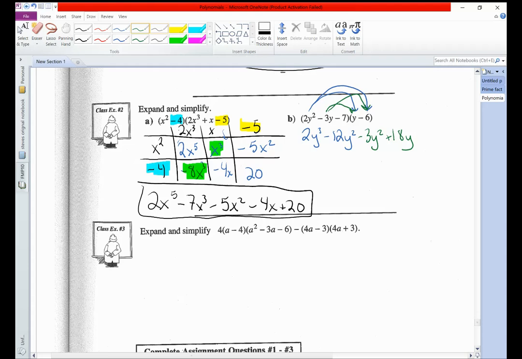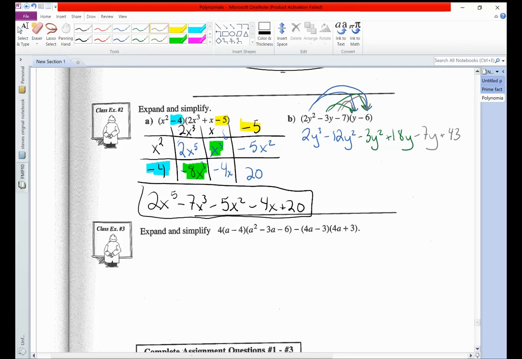And then I'm going to multiply that negative 7 by both terms in the bracket. Negative 7 multiplied by y is minus 7y. And negative 7 multiplied by negative 6 gives me positive 43, I think. Yes, totally.